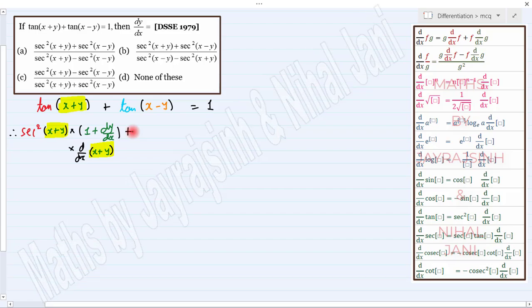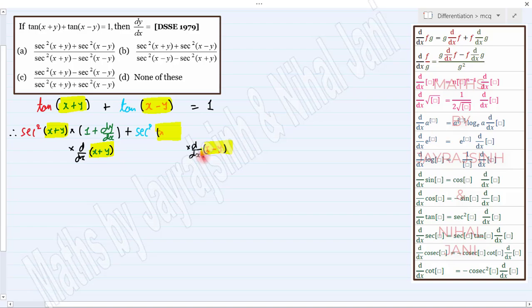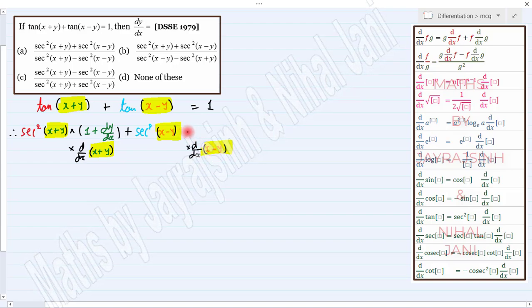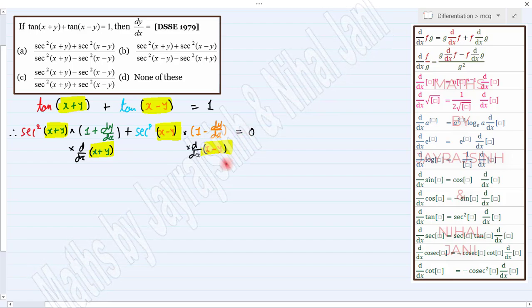Plus, to differentiate second term, you have to consider box around the x minus y. So differentiation of tan box will be sec square box into d by dx of box. Within the box, we have x minus y. So its differentiation will be 1 minus dy by dx is equal to differentiation of 1 will be 0.